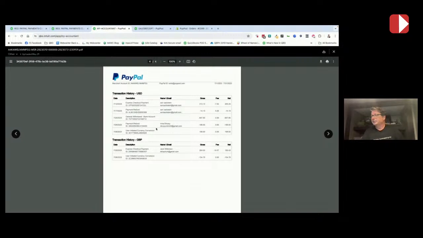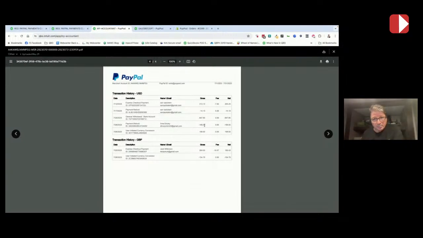But what happened here in this particular case is they issued a refund for $199 6 days after this sale. So these two customers, this Irma person and Jack, are not related. They just happened to issue a refund that was done by PayPal for $199.